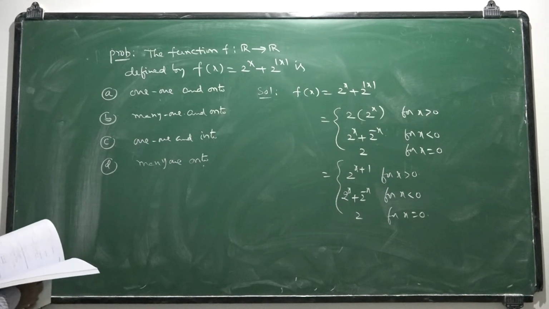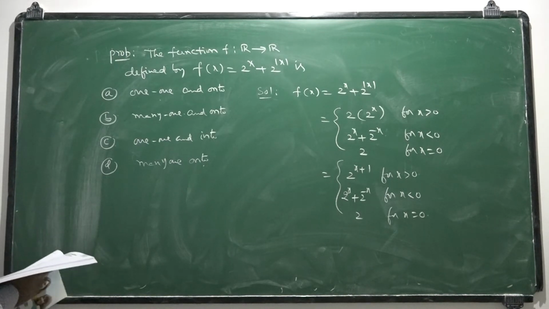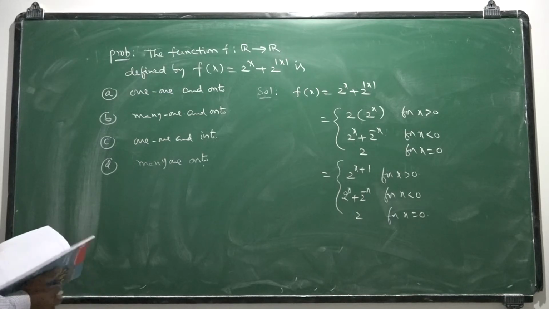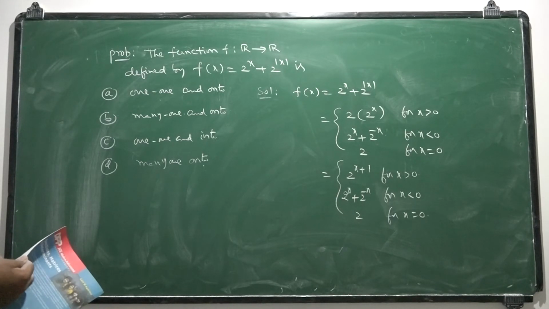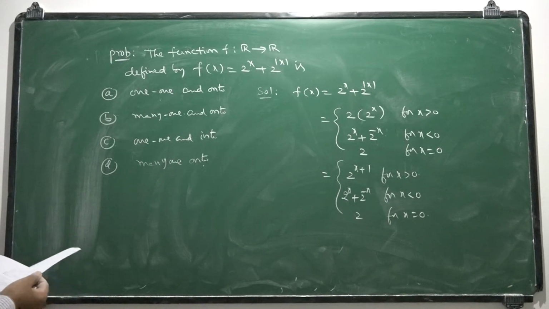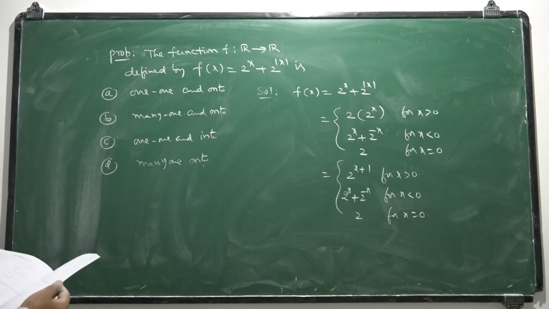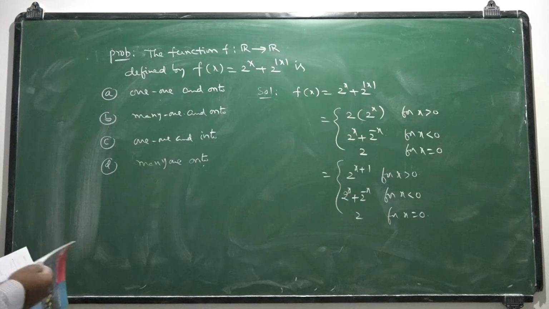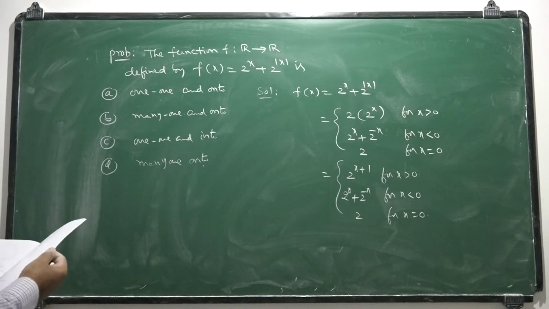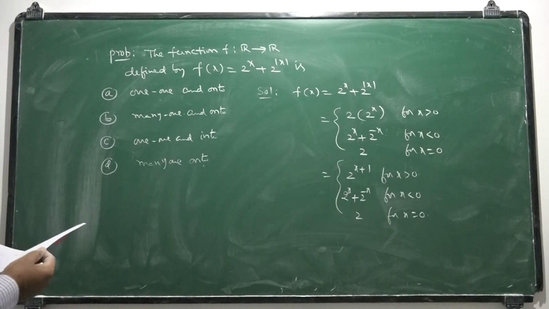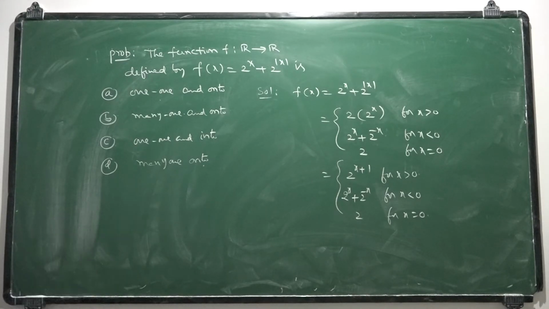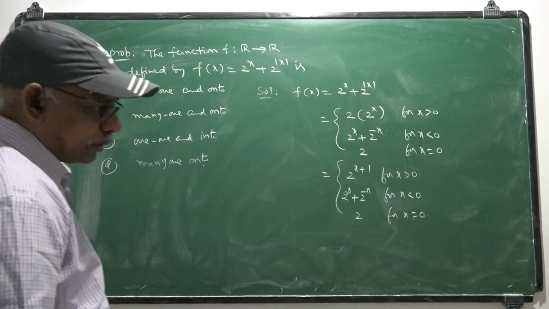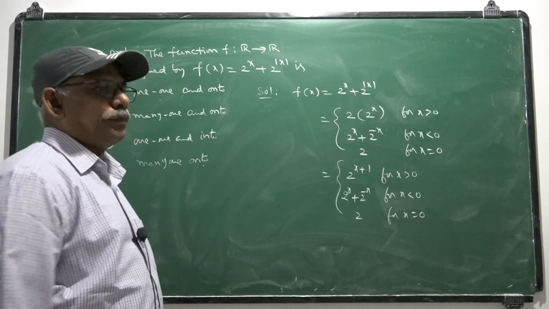In case of x equal to 0, the function takes a fixed value. In such case, to check whether it is one-one and onto, let us check the monotonicity of the function.